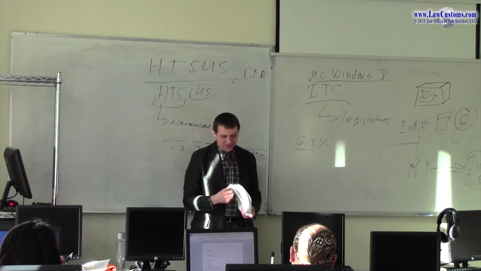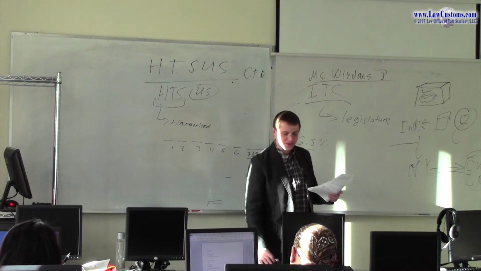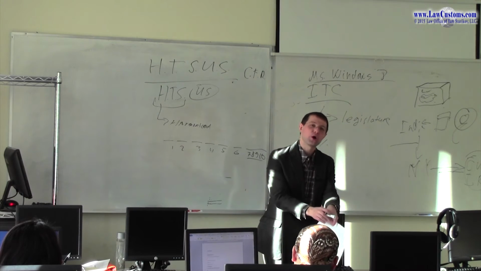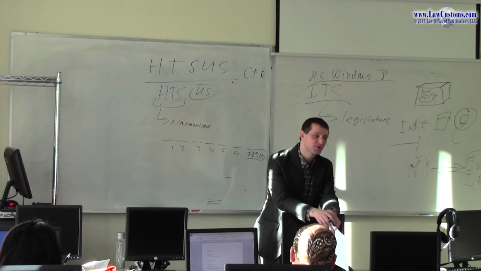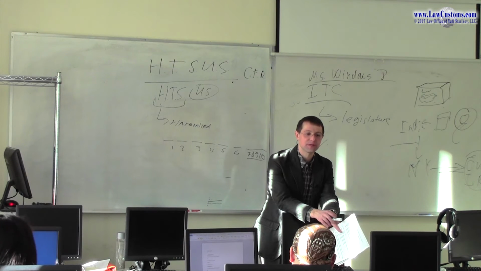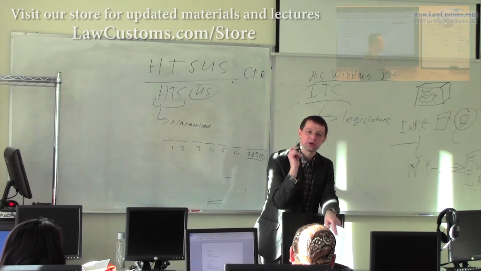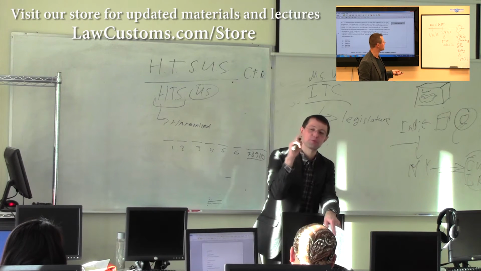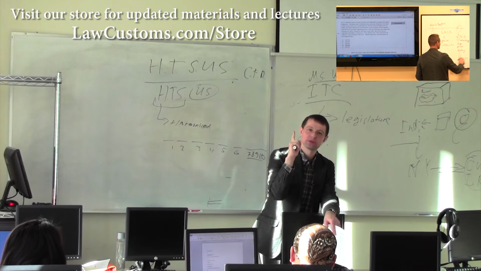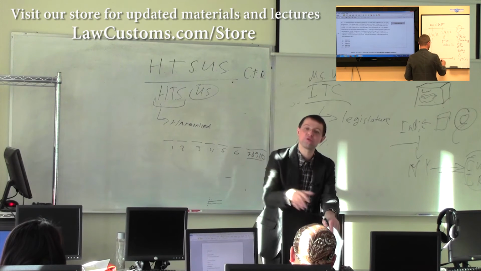So, let's see. We talked about the Code of Federal Regulations, how it is organized in titles, how it is organized in sections. We talked about how it is organized in a particular format where you don't necessarily start from part 1, but you may need to start from part 101, for example, to make sense of many things.